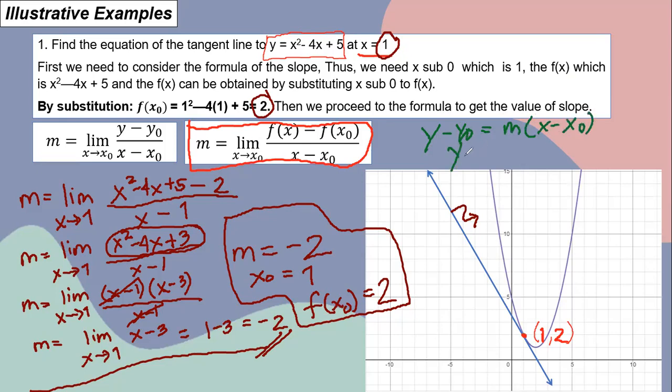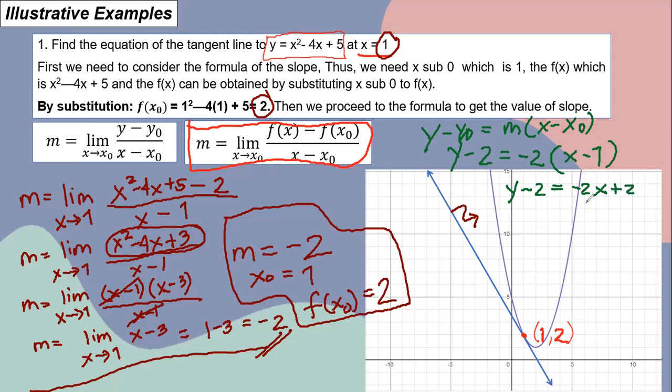So we substitute y minus y sub 0, that is f of x sub 0, which is 2, is equal to negative 2, our slope, multiplied by x minus x sub 0, which is 1. Okay, so to simplify, y minus 2 is equal to negative 2 times x is negative 2x. Negative 2 times negative 1 is positive 2.